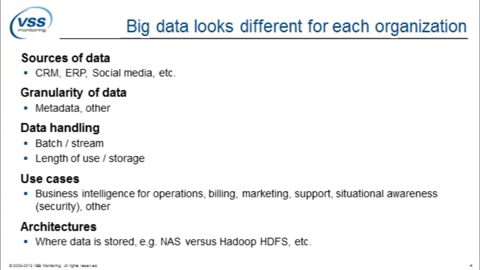Looking at big data, we have to realize that big data means different things to different people, and there are definitely different reasonings behind it. One aspect is, as we said, the sources of big data. What are the drivers? Whether it's business intelligence or business analytics, CRM, ERP, or social media, many have turned to big data to try to keep up with the attributes we talked about: the volume, variety, and velocity.